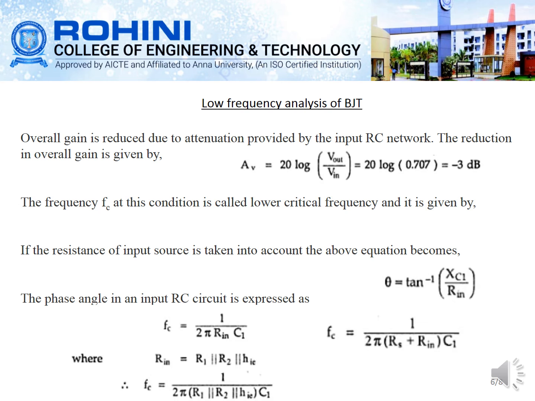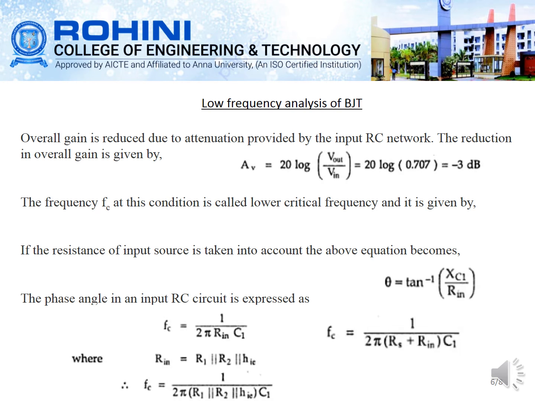The overall gain is reduced by attenuation provided by the input RC network. We calculate the reduction in gain as Av is equal to 20 log Vout divided by Vin, where output voltage by input voltage is 0.707, which is 1 divided by root 2. So you can write this as 20 log 0.707, which is minus 3 dB.